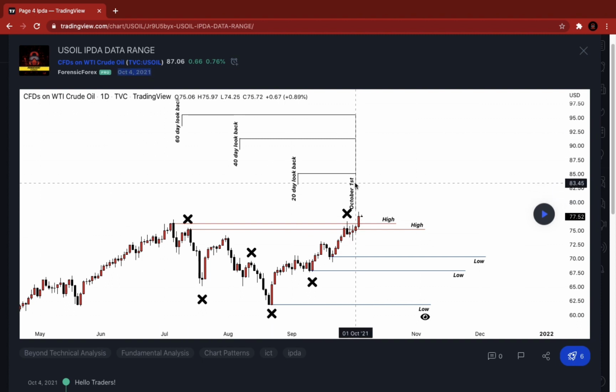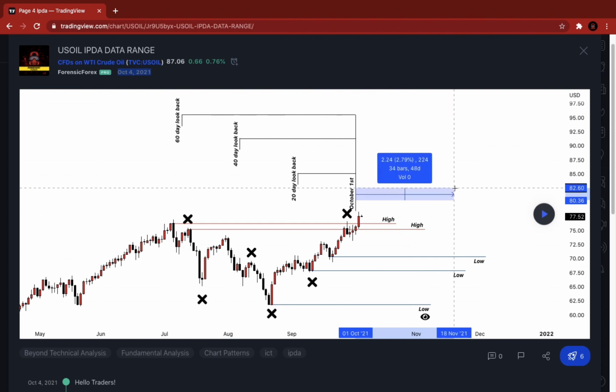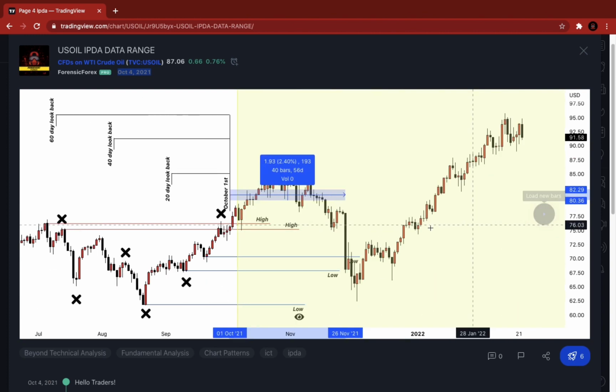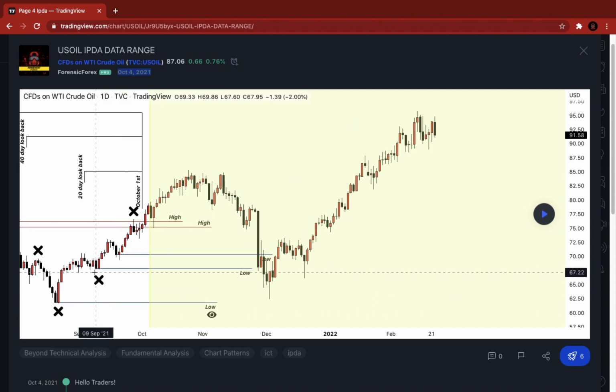So here you can see October 4th, 2021. I published this. You can see that prior to October 1st, the last 20 days, the high is marked off with an X. That high is broken here on October 4th. But if you cast forward 40 days right here, specifically on this date, November 26, 2021, you'll notice price on that day, that 40-day cast forward day, makes a large candle to the downside, taking out that 20-day sell side liquidity pool, that 20-day low.